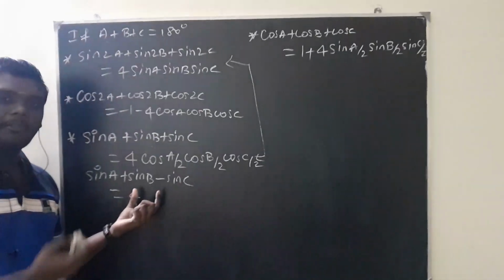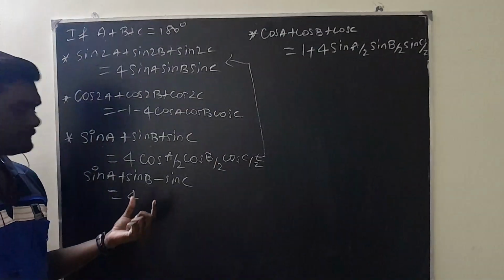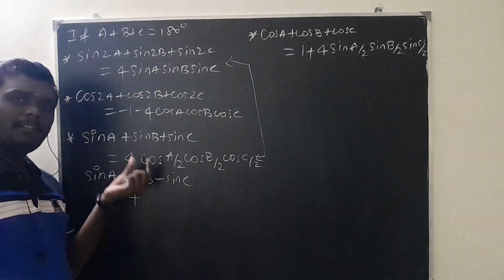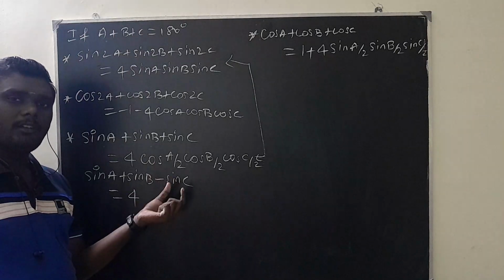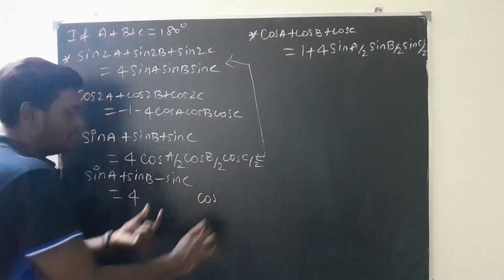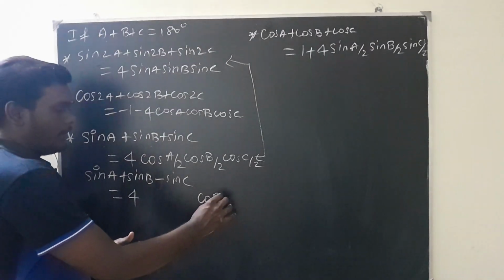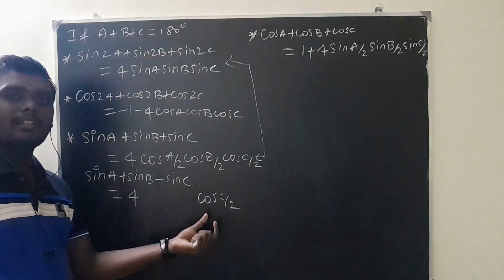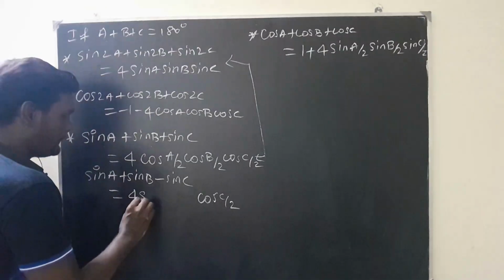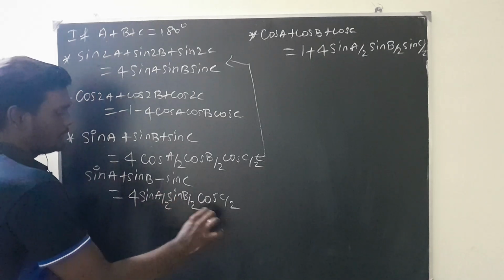You have to relate this with sin A plus sin B plus sin C. The original formula is 4 cos A by 2, cos B by 2, cos C by 2. From that formula, the term which relates to C remains the same, that is cos C by 2. The other two terms will be changed, that is sin A by 2, sin B by 2.